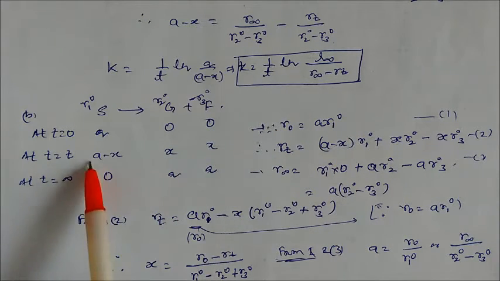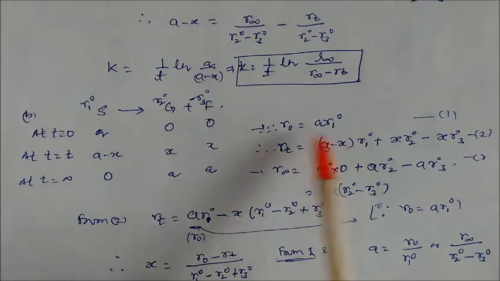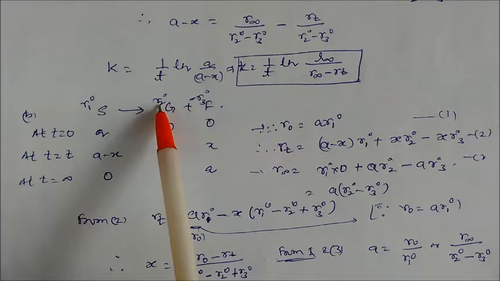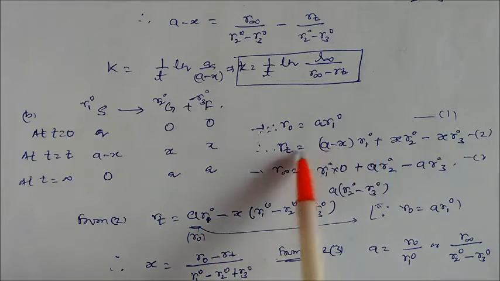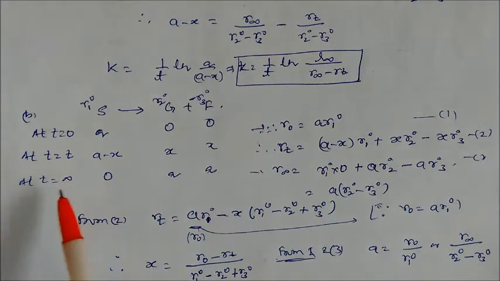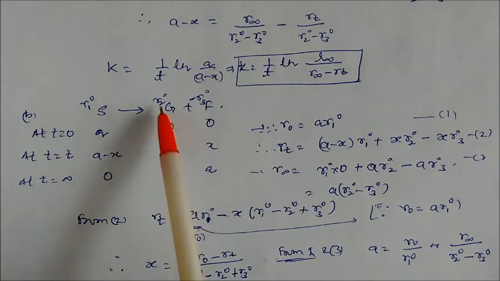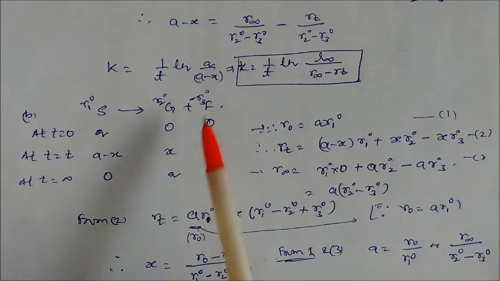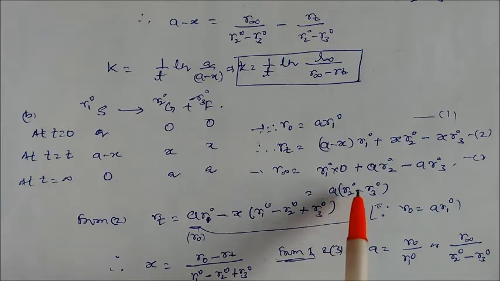So Rt will be R1 naught into a minus x, similarly x into R2 naught, and x into minus R3 naught. All these are rotations for time t. At infinite time, the sucrose is 0, and the rotation will be a into R2 naught plus a into minus R3 naught. If you solve it, you will get a into R2 naught minus R3 naught.